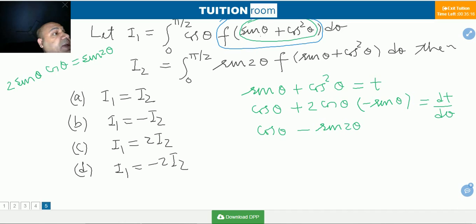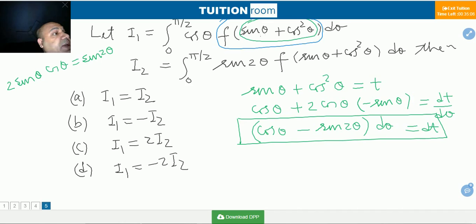And we will get d theta as dt. And notice here, guys, here is cos theta, here is sin 2 theta, and there is a minus sign. If we subtract the second integral from the first, we will get terms like this.